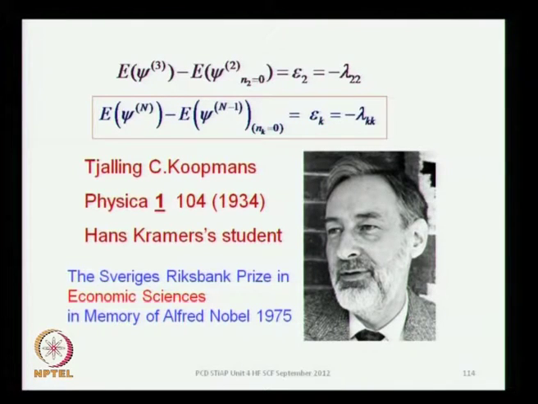This is not called a Nobel Prize, but it is called the Sveriges Riksbank Prize in memory of Alfred Nobel. So, it was not instituted by Nobel, but instituted in his memory, and it is considered to be equivalent to a Nobel Prize. So, Koopmans got this prize, but not for this theorem, but this theorem is a very powerful theorem.